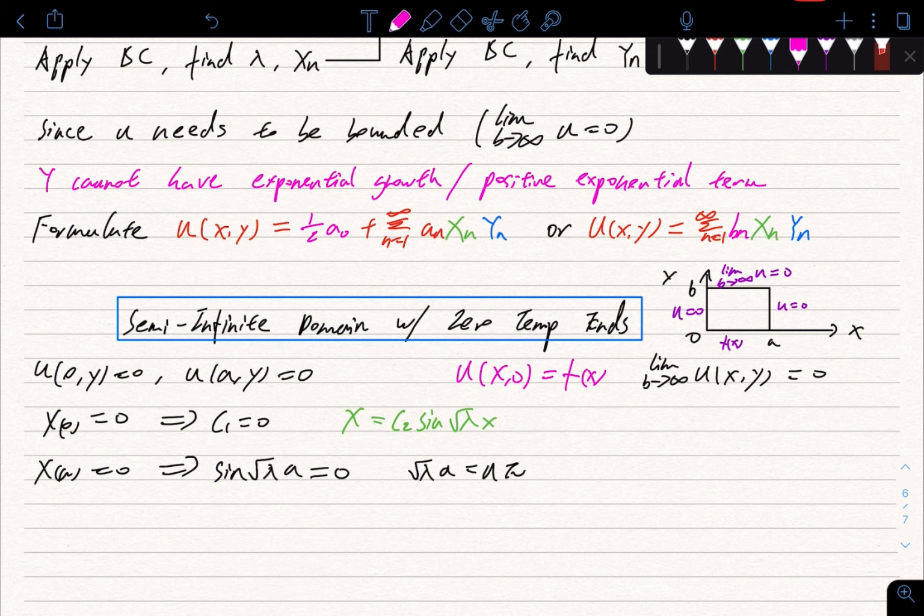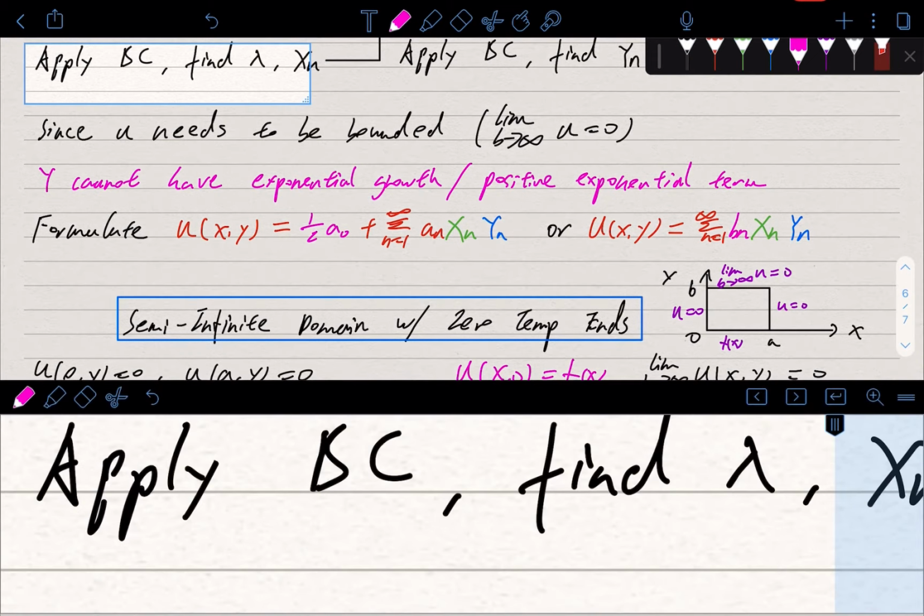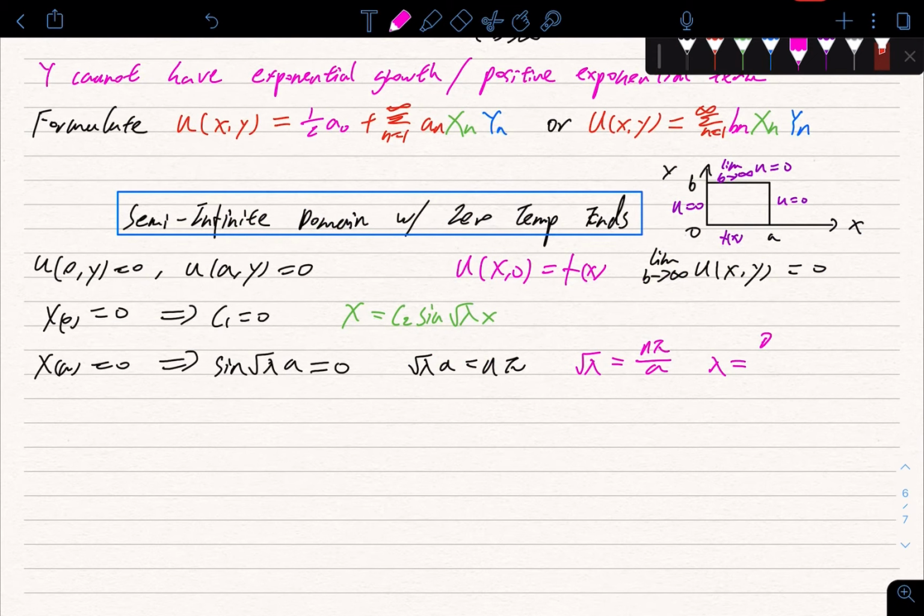So the value of square root of lambda will be n pi over a, and lambda will equal n squared pi squared over a squared. So there you have it.